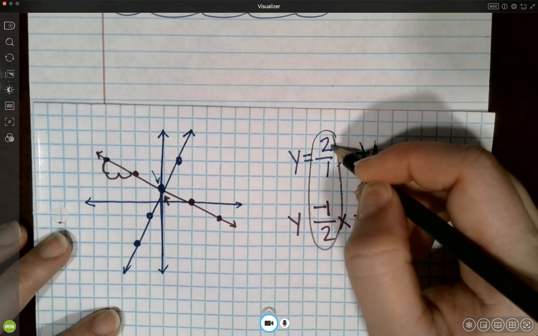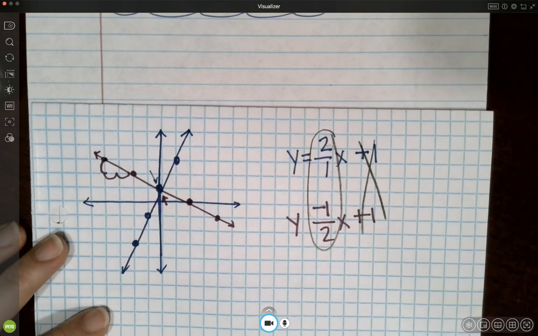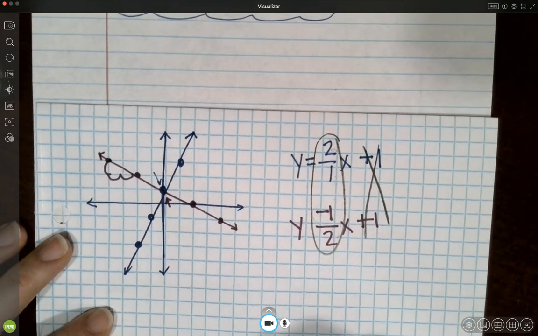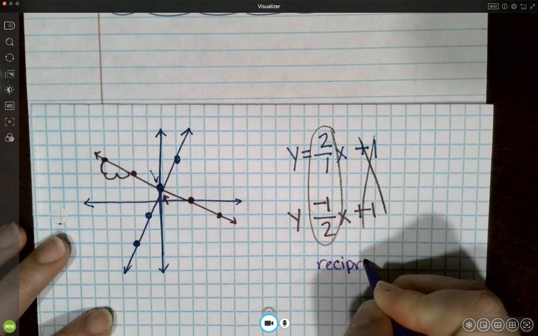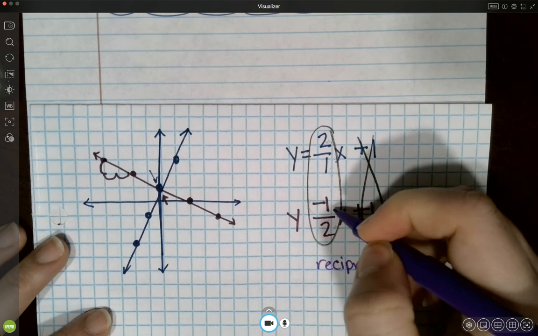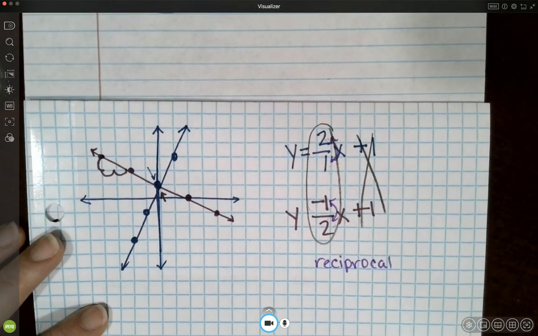Notice what we call when the numbers flip-flop from top to bottom is called the reciprocal. So remember that word. So we are dealing with the reciprocal. The reciprocal is the flipping of the numbers. So notice that these numbers are flipped.